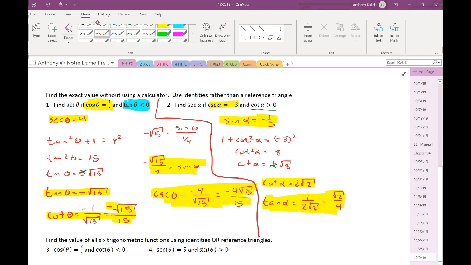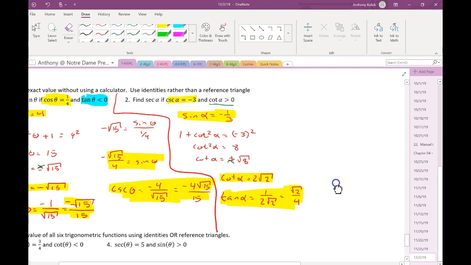We still need cosine and secant, so I will use either cotangent or tangent to get those. Doesn't matter which one. So let's just say we'll use cotangent. So I know cotangent is equal to sine over cosine.